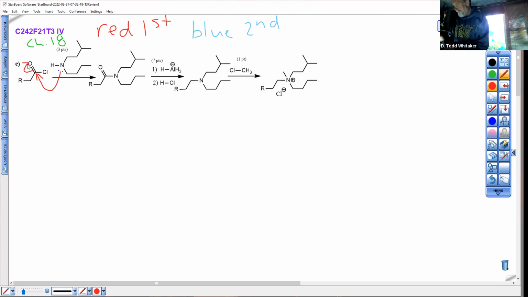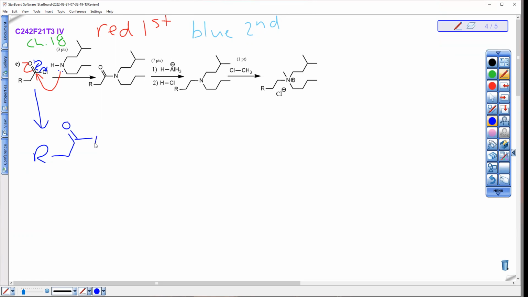And lone pair comes back. Takes off Cl minus. And we have an amide conjugate acid coming up. Probably could have worked a third set of arrows in there. You don't have to.